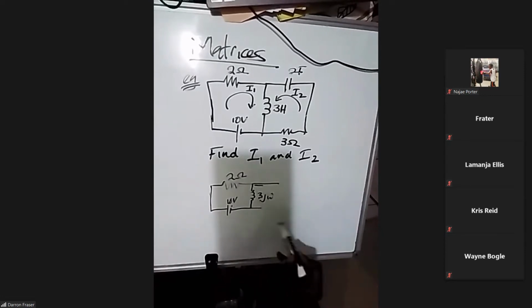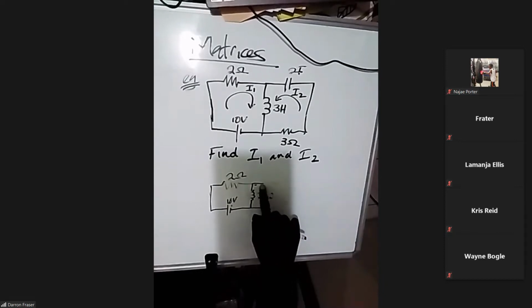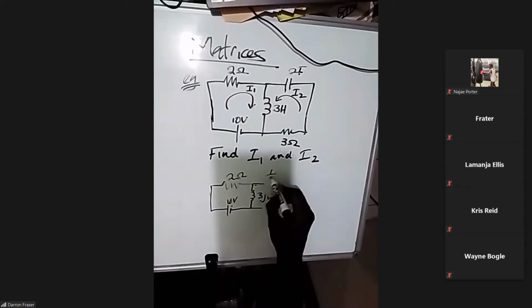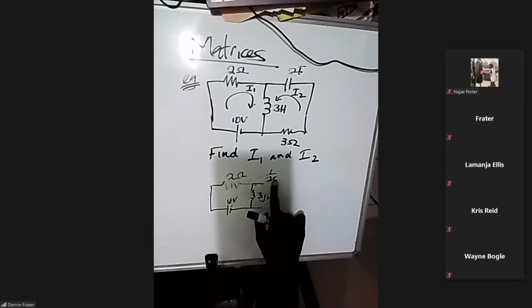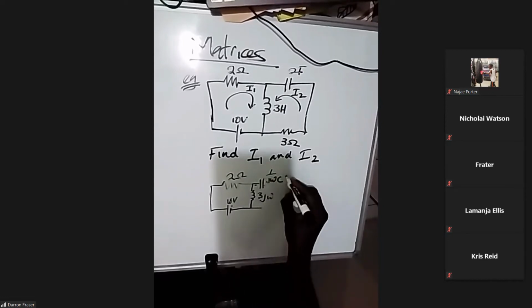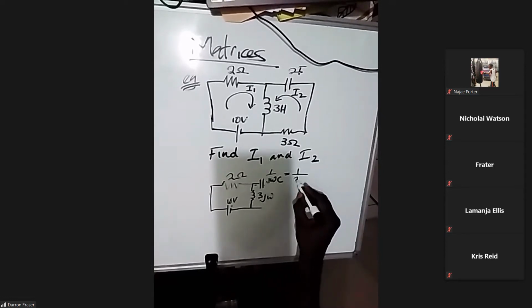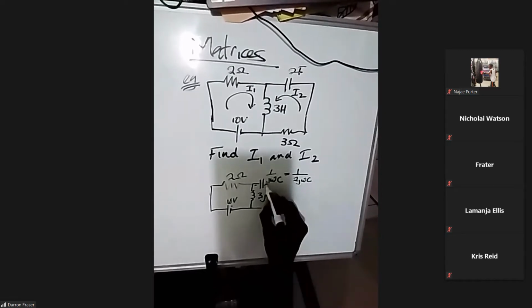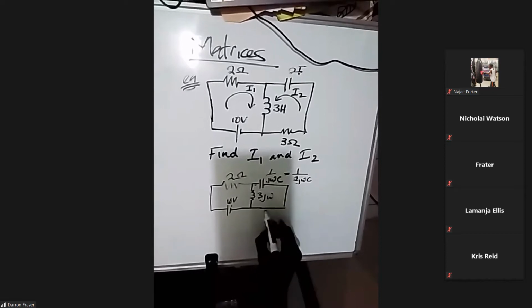And instead of writing 1 upon SC, which is 1 upon 2S, if we want to look at the frequency response, then we can write 1 upon J omega C. In this case C is 2, so it's going to be 1 upon 2J omega. And this is 3J omega.